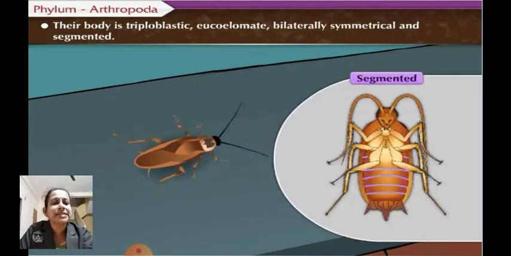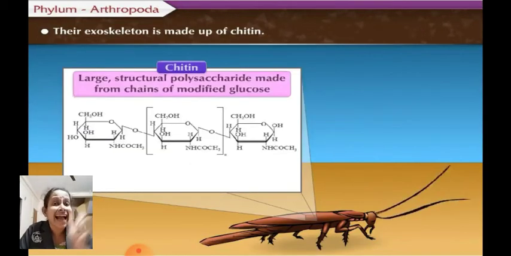Now the body is segmented. Then they have an exoskeleton. There is no endoskeleton, because these are all called non-chordates, because they do not have a notochord, but they have a protective system, which is called exoskeleton. Exo means outside. We have a skeleton inside, a vertebral column or notochord inside, but they have a skeleton outside, and when it is on the outside of the body, it is called exoskeleton.